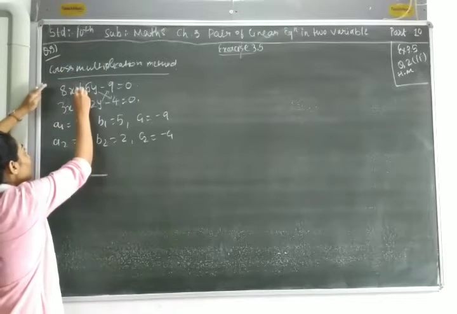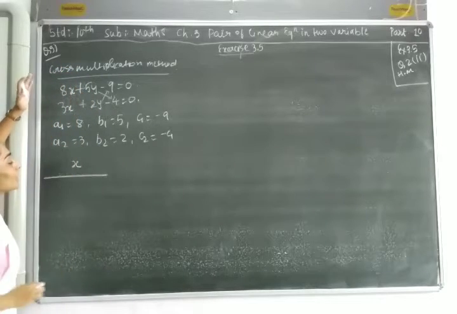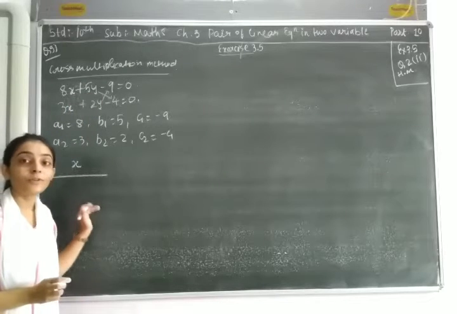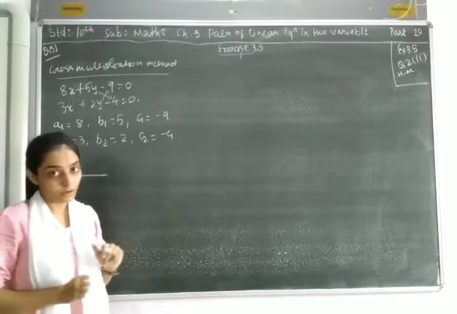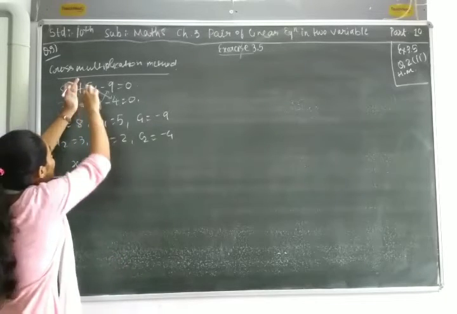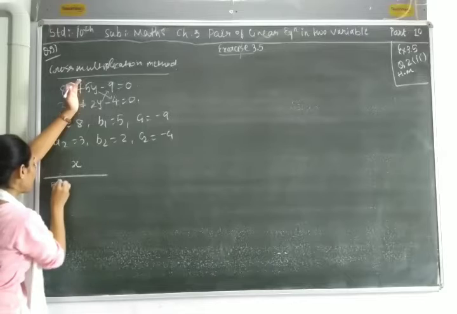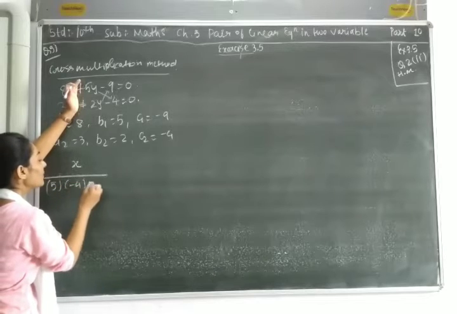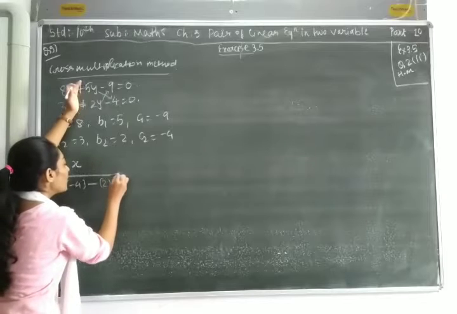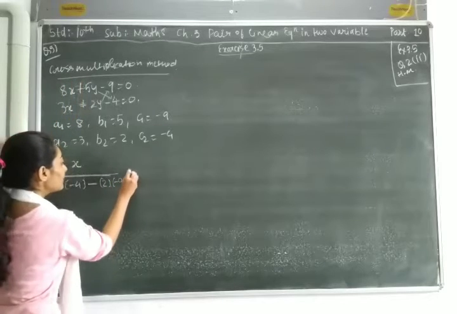Be careful while writing the denominator part. If you write incorrectly, you will get your answer as negative one. So 5 and minus 4, 5 minus 4, subtraction sign, 2 and minus 9.